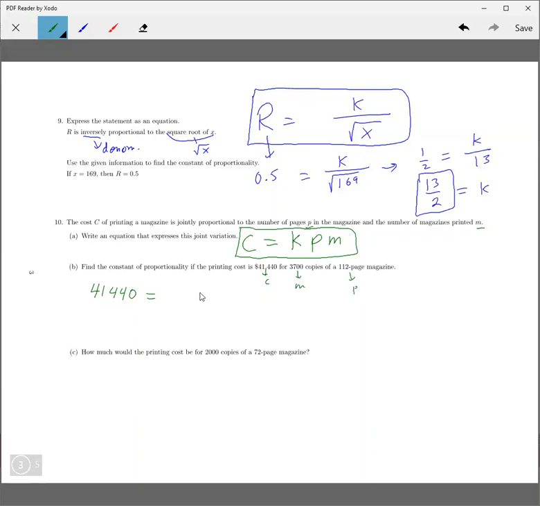P is the number of pages, so that's 112. And M is the number of magazines printed, so that's 3,700. Okay, so divide both sides by 112 times 3,700.